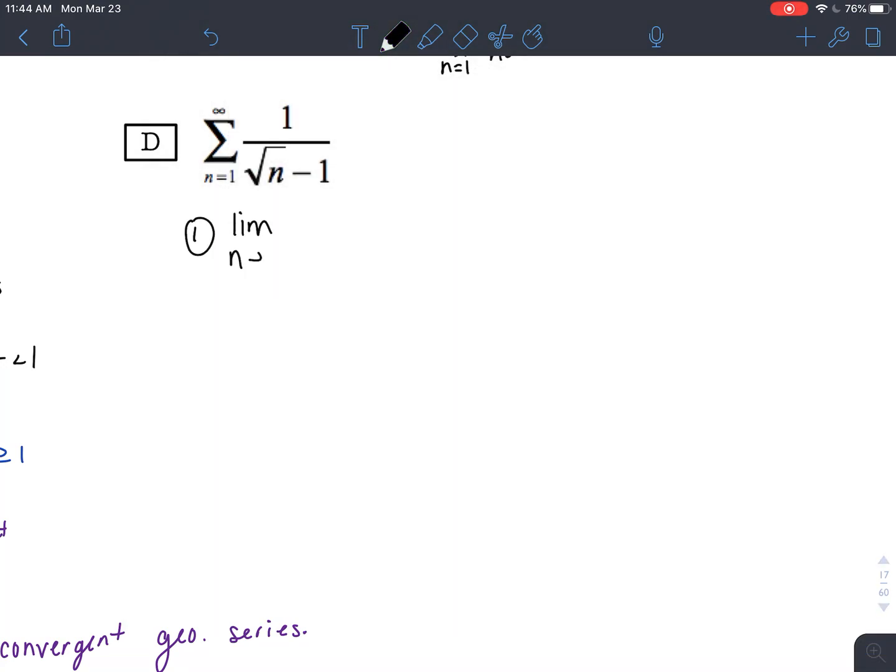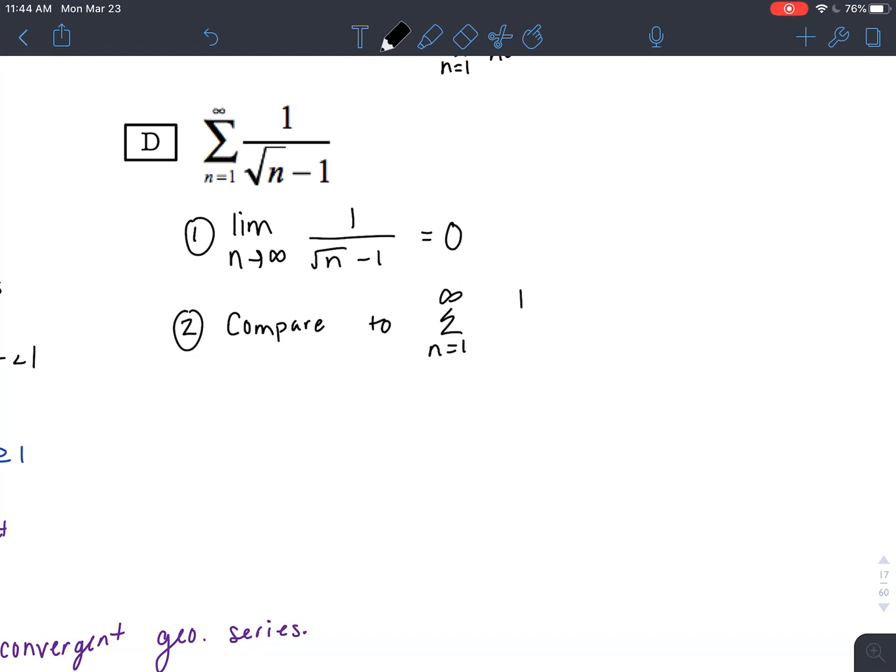Okay. So our last one here, again, we're going to test the limit first. And that is going to equal 0, so it fails the nth term test. So I'm not even going to bother writing that out this time.